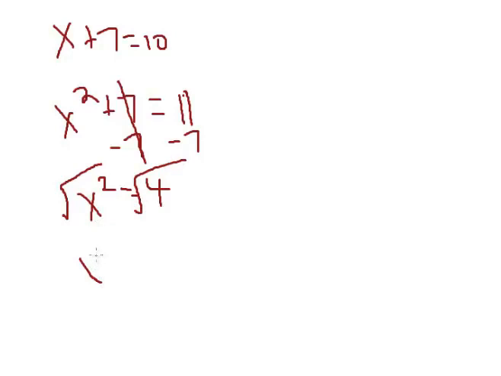So x equals the square root of 4. It's 2, but that's not the entire answer, because as we discussed before, it could be positive 2 or negative 2. Negative 2 times negative 2 is positive 4, and positive 2 times positive 2 is positive 4. So the answer is plus or minus 2. We've got two answers, plus 2 or minus 2.